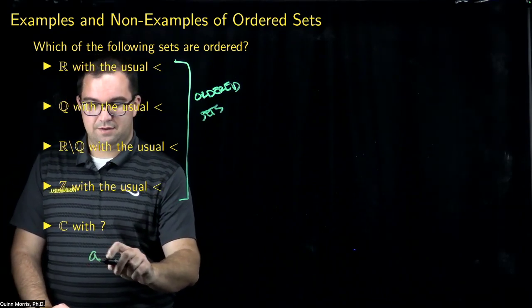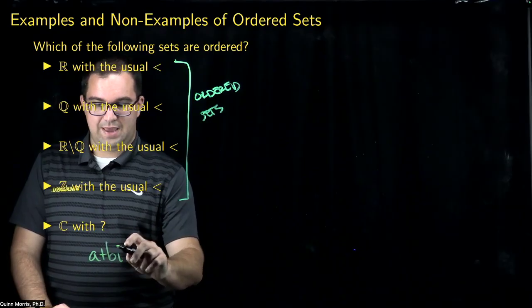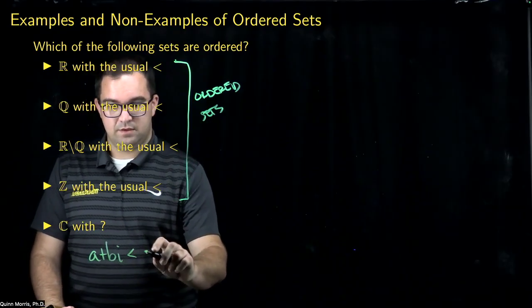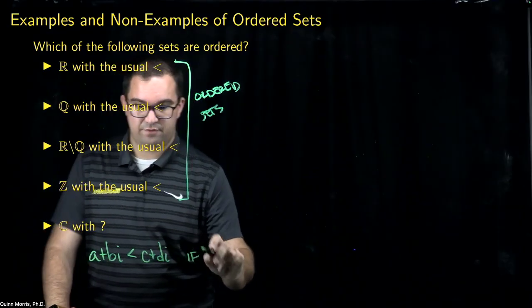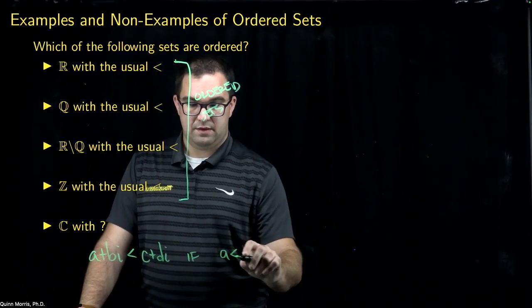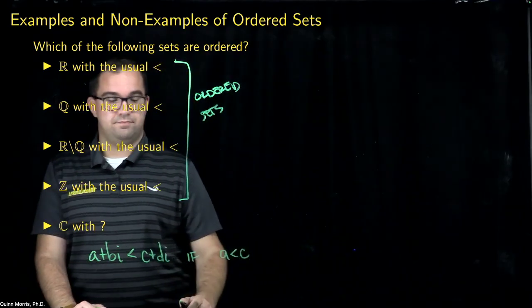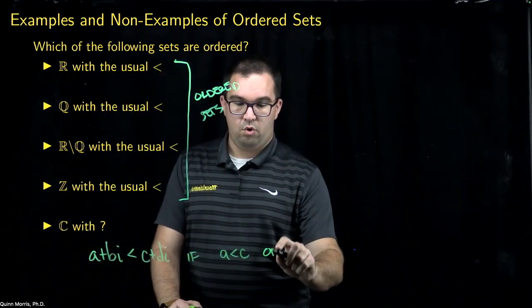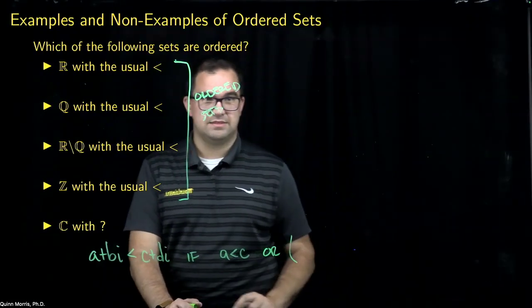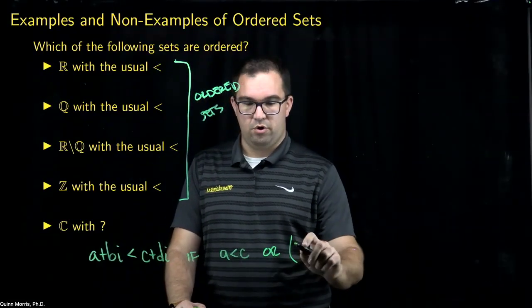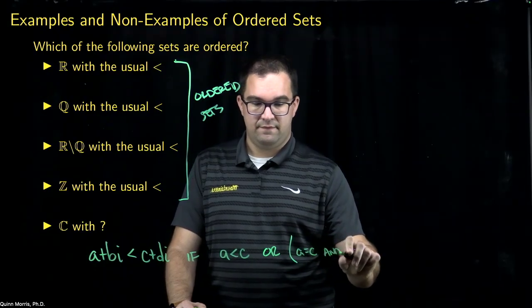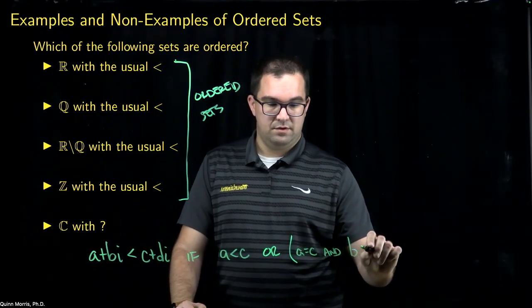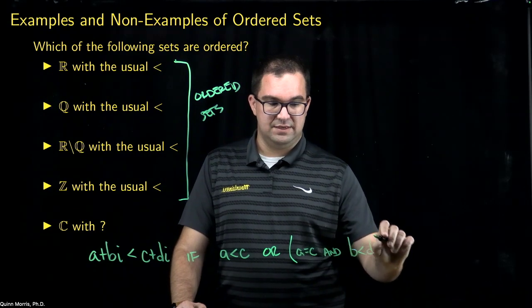I will say that the number a plus bi is less than the number c plus di if a is less than c, or, and to make this clear, I'm going to put some parentheses here, or if a is equal to c and b is less than d.